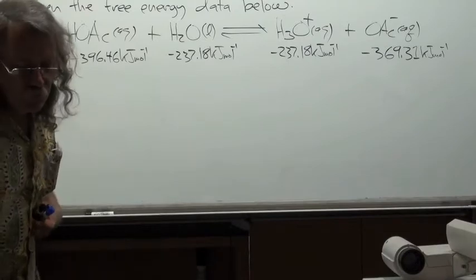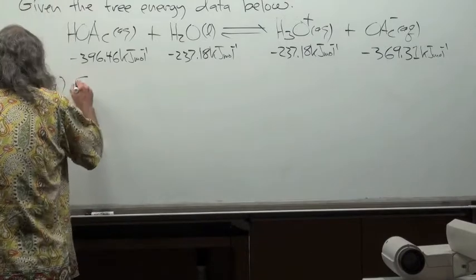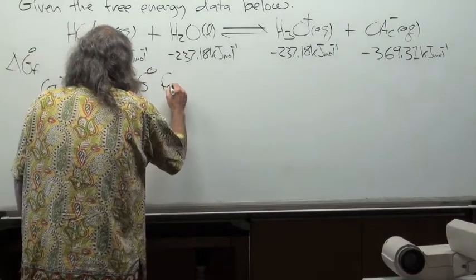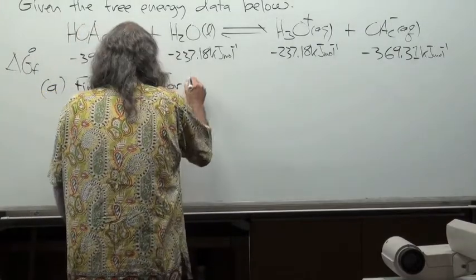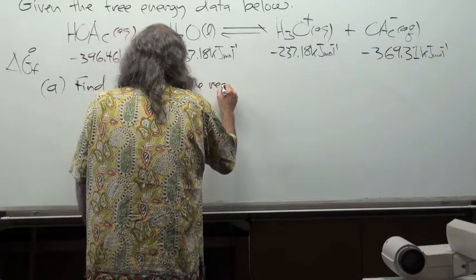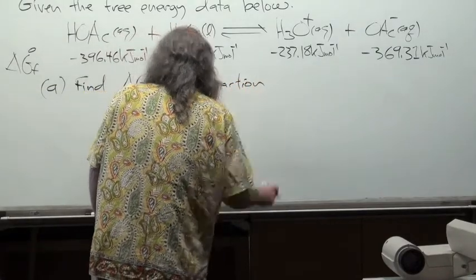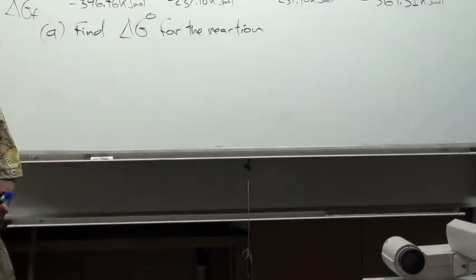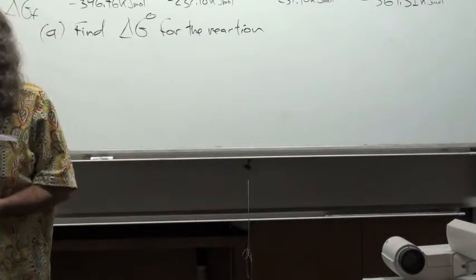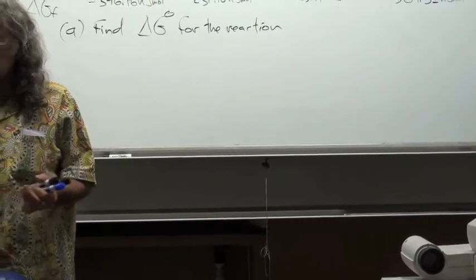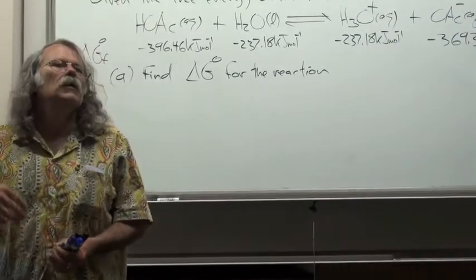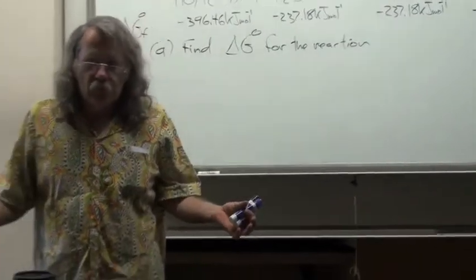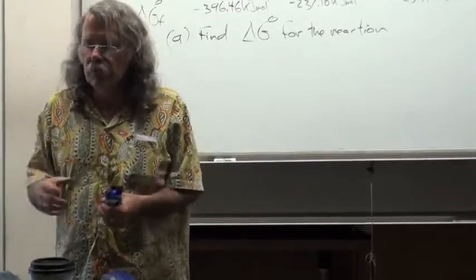So part A, what did I ask you to do? Find delta G for the reaction. And so, what is delta G of formation? Products minus reactants, each multiplied times its corresponding stoichiometric coefficient.